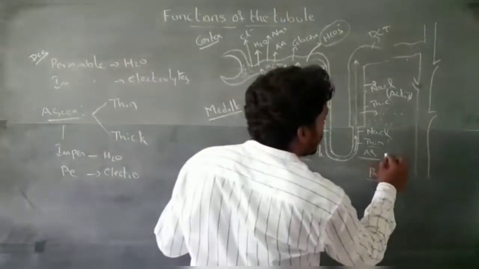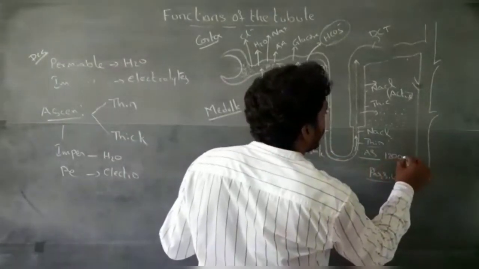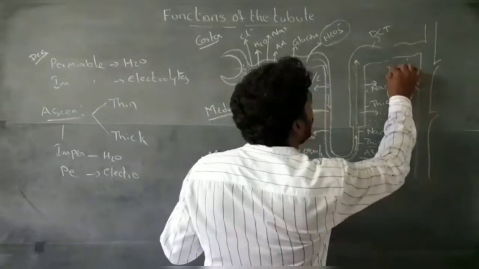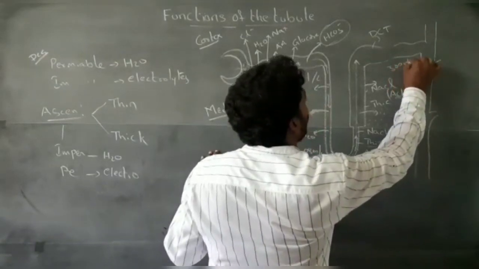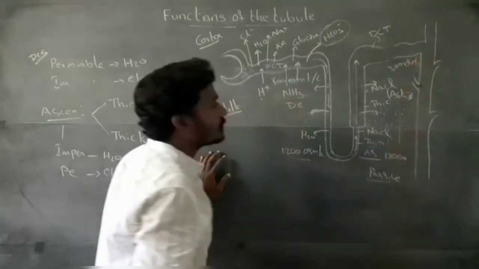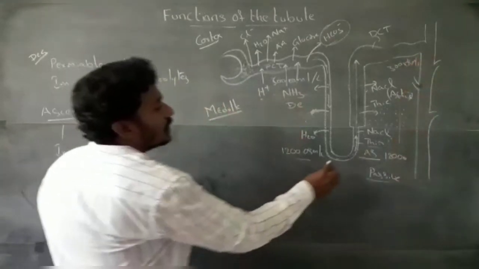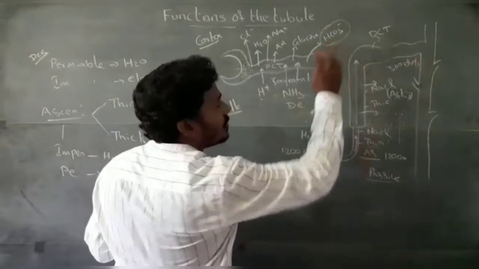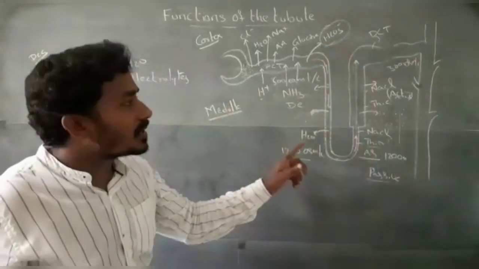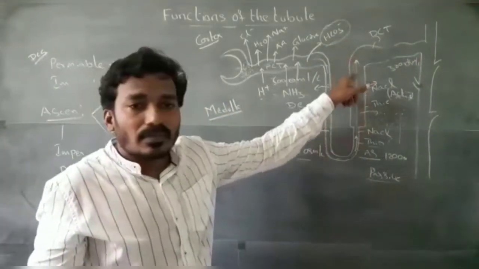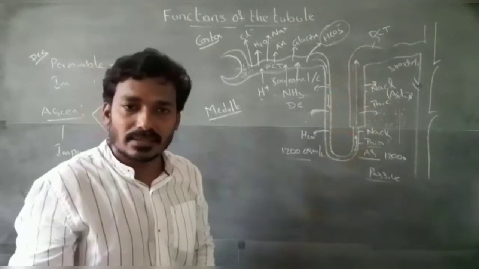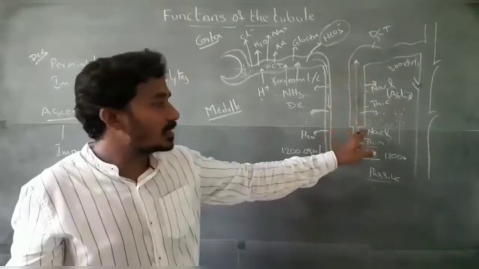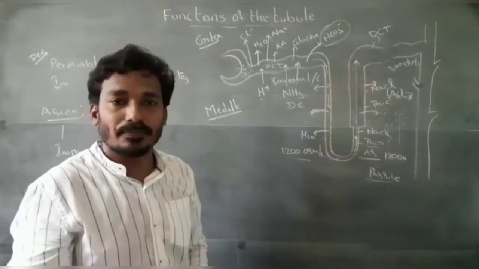This concentration goes from 1200 to 300 osmolarity per liter. Minimum reabsorption occurs in the ascending limb of the loop of Henle.